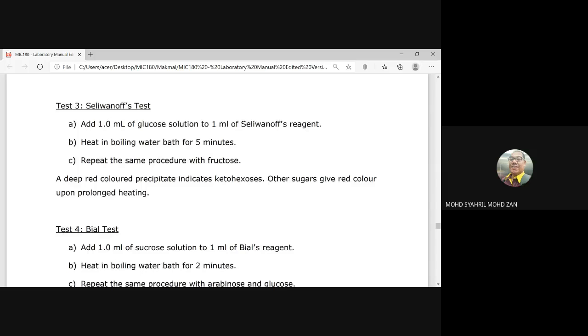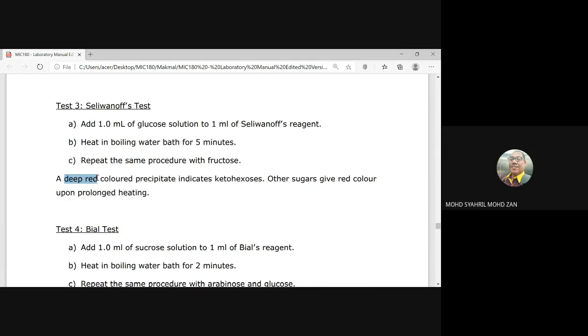Okay, the third one is the Seliwanoff test. Add 1 ml of glucose solution to 1 ml of Seliwanoff reagent. Heat in a boiling water bath for 5 minutes. And then you have to repeat the same procedure with the other sample, which is fructose. From here, the expected result you can get is a deep red.